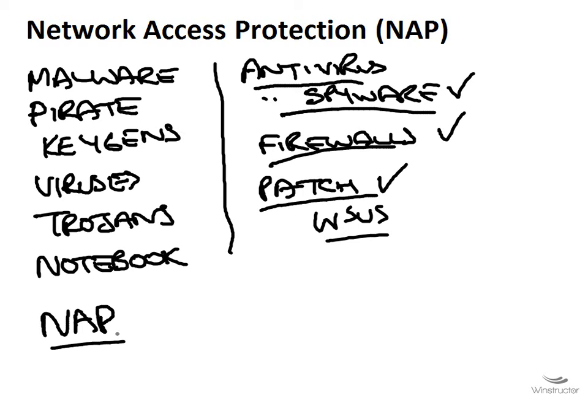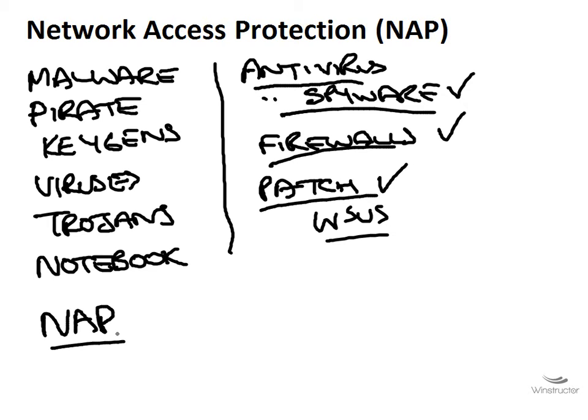Well, this is where NAP steps in. NAP, or Network Access Protection, is designed to check that your machines comply with an overall corporate health policy, a set of rules that determine what state you'll accept your machines to be in before they can access the network.